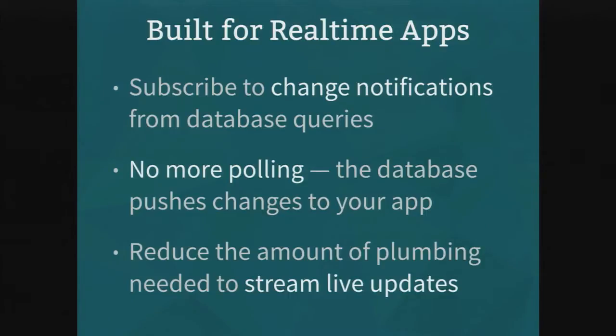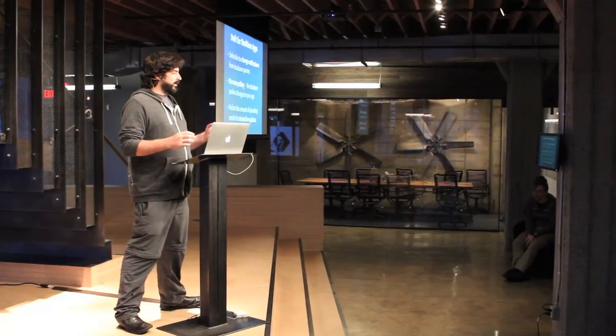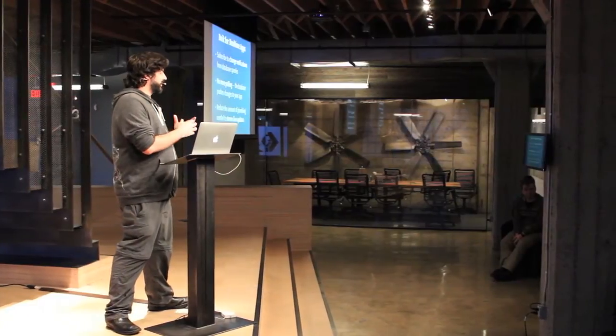So, as I said, RethinkDB is built for building real-time apps. We have a built-in publish-subscribe mechanism in the database itself. You can subscribe to receive change notifications from your database queries. What that means is that you don't have to do polling in order to get updates. So when you're building a real-time application and you want to get data from your database to your front end, you can simply subscribe to a query and push the changes.